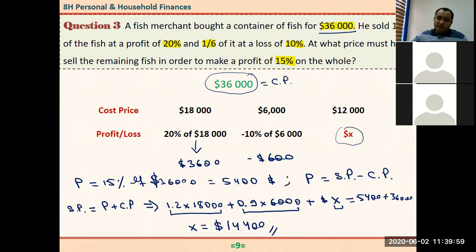All right, ladies and gentlemen, that much is enough about personal and household finances. Next time we'll talk about charts, reading charts, interpretation of charts and tables, and calculating utilities bills, okay? And next Monday we will finish everything, and maybe after that you will have a quiz.